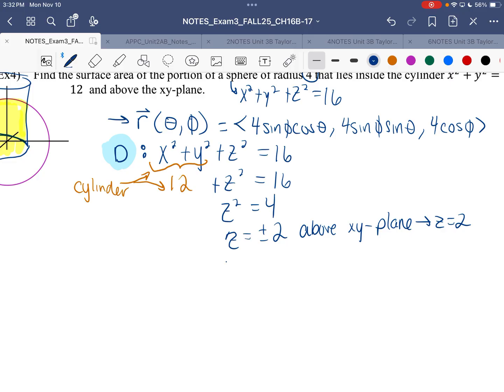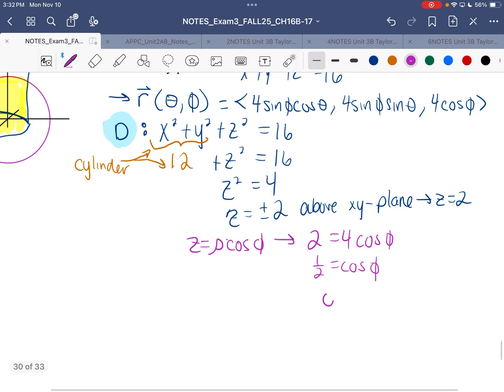In spherical, z is equal to rho cosine phi. Right now we have z is 2 and rho is 4. What would phi be? And we're only taking the positive, remember phi is between 0 and pi. So what would phi be in this case?